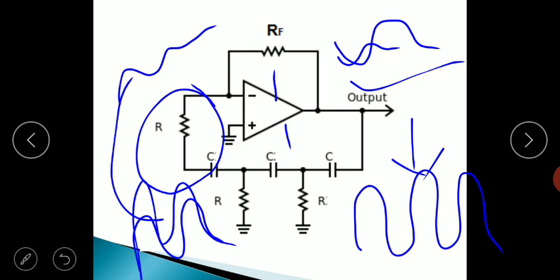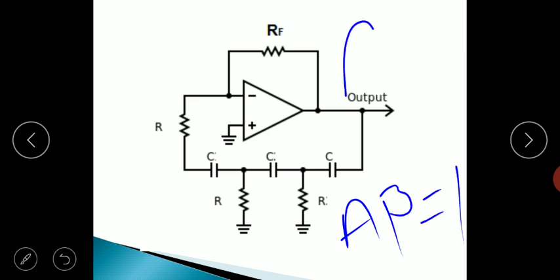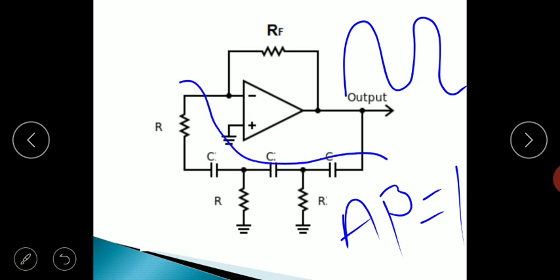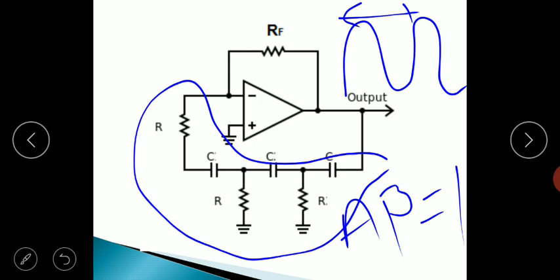When the loop gain A beta becomes equal to 1, sustained oscillations will be generated in this particular circuit, and the frequency of those sustained oscillations will be determined by this RC network. Depending on the values of R and C, we get the frequency of the generated waveform. That is, this time period T depends on the values of R and C in this particular circuit.